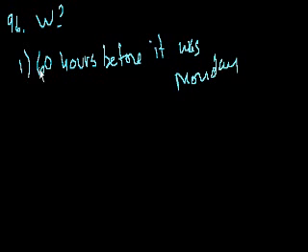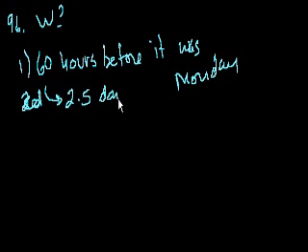Okay, so how many days is 60 hours? 2 days is 48 hours, and then another 12. So this is equal to 2.5 days. 2.5 days before. So this is interesting.